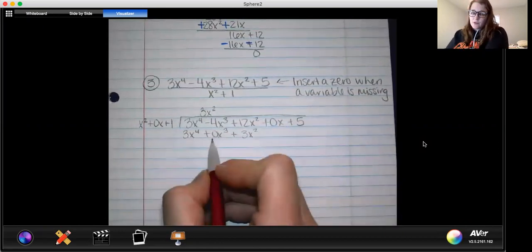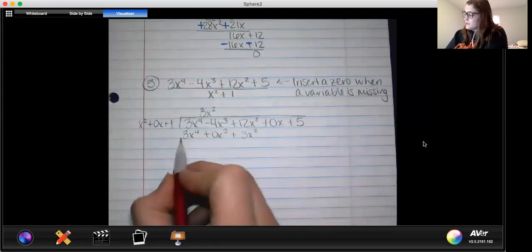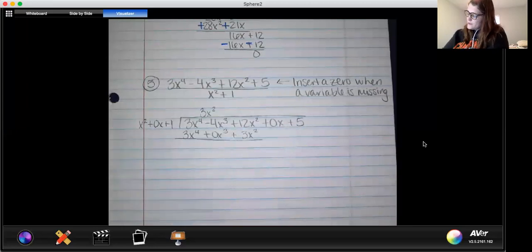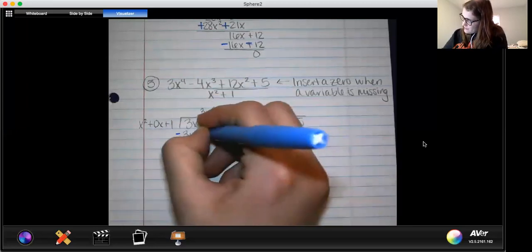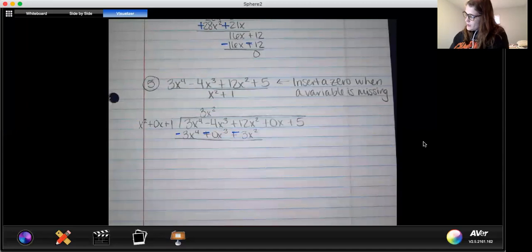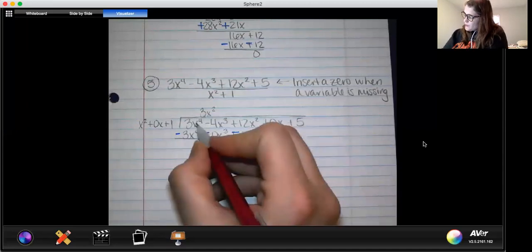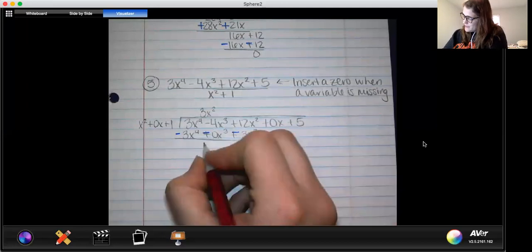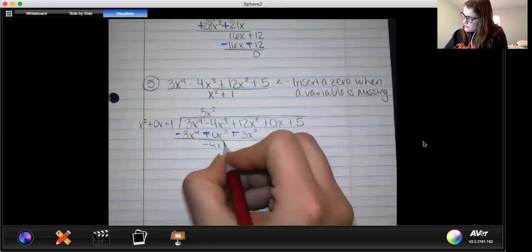You don't have to write the 0x cubed, but sometimes it's helpful just to keep things lined up. I forgot to do my subtraction sign. So 3x to the fourth cancels out. Negative 4x cubed minus 0 is still negative 4x cubed.